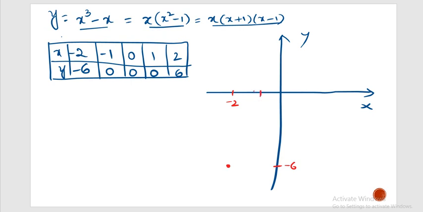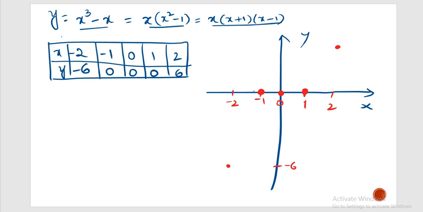Next minus 1 comma 0. So this is minus 1, and minus 1 comma 0 means on the x-axis. Next 0 comma 0, you will get at this particular point. Next 1 comma 0, so this is 1, and at this point you get one more 0. Next 2 comma 6, somewhere here you are going to get, right?